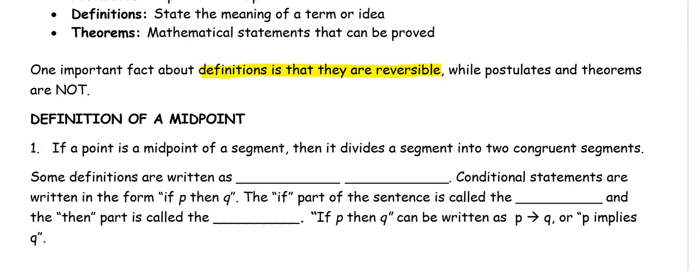If we were to reverse it and say if a point divides a segment into 2 congruent parts, then it's a midpoint, that works both ways because it's just telling us what the role of a midpoint is. So some definitions, such as the one up here as an example, are written as conditional statements.